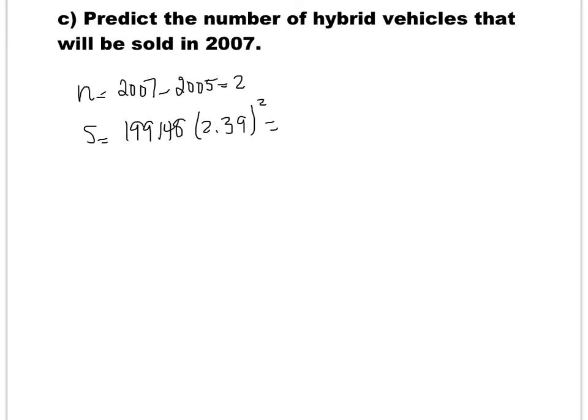Now if you use your calculator and simplify this one, this is going to give you 1,137,553.3. This means that in 2007, the number of hybrid vehicles in the US is about 1,137,553 or 54 or 55, somewhere in between these two extremes.